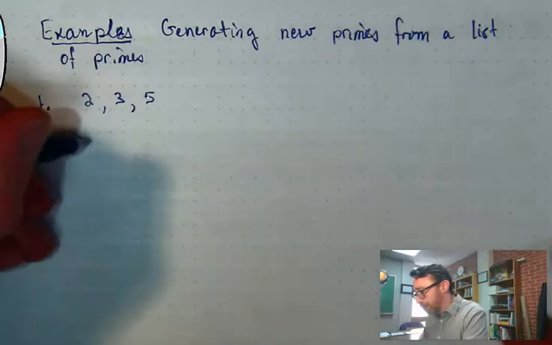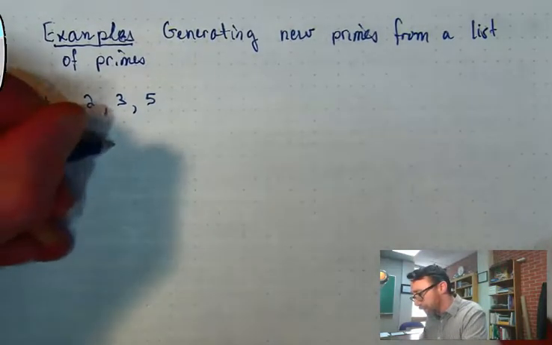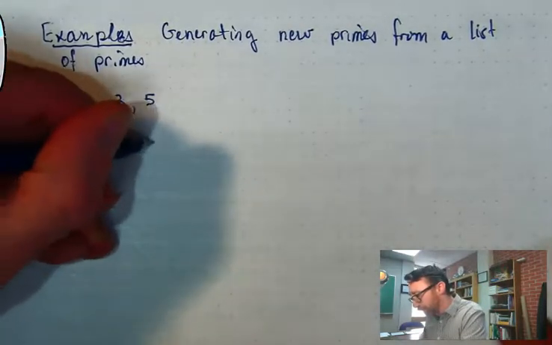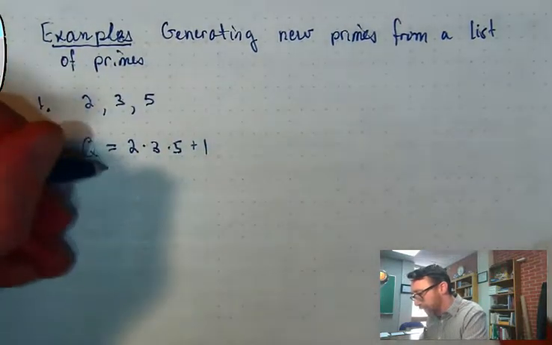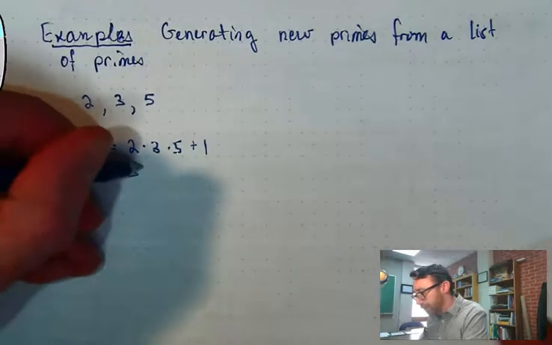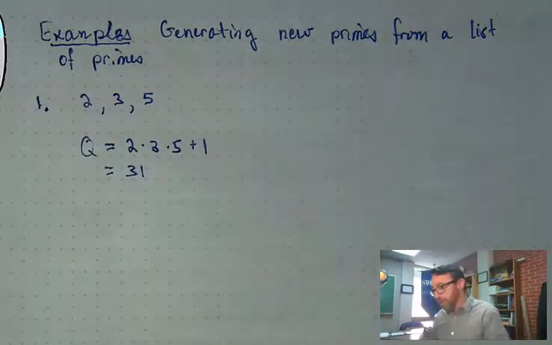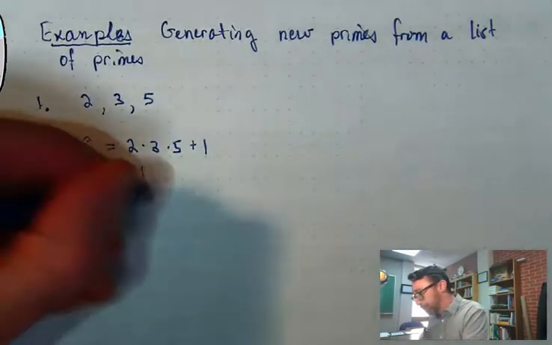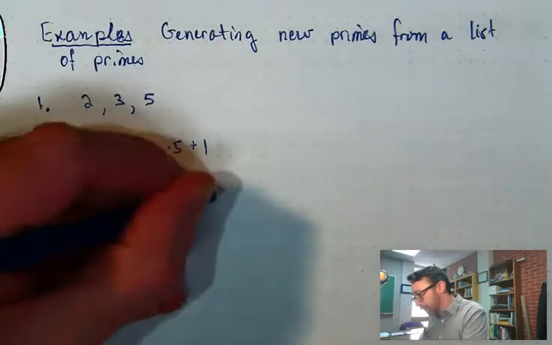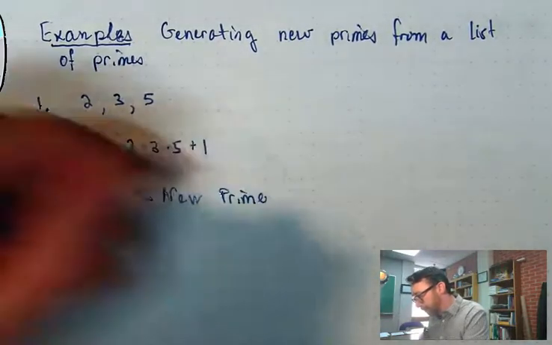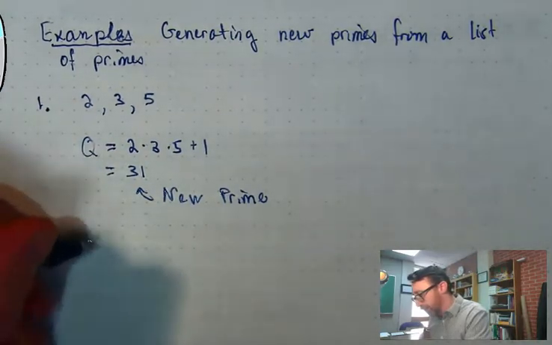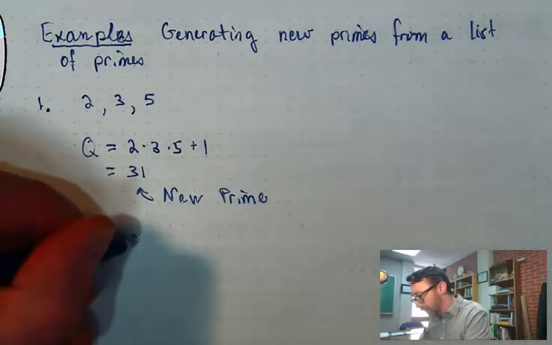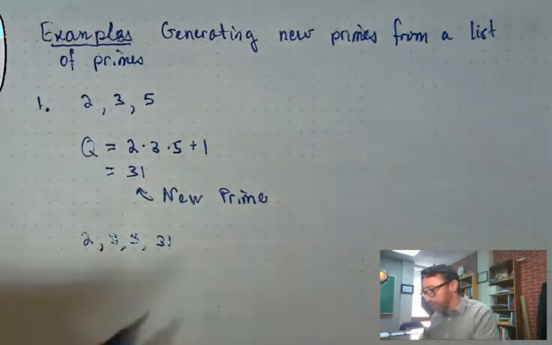So if we follow Euclid's procedure, we would define this number Q to be 2 times 3 times 5, and then we would add 1. Okay, the arithmetic there is pretty easy. We can do it quickly, and we see we get 31. And this is a new prime. So our list that originally contained 2, 3, and 5 can be extended to 2, 3, 5, and 31.